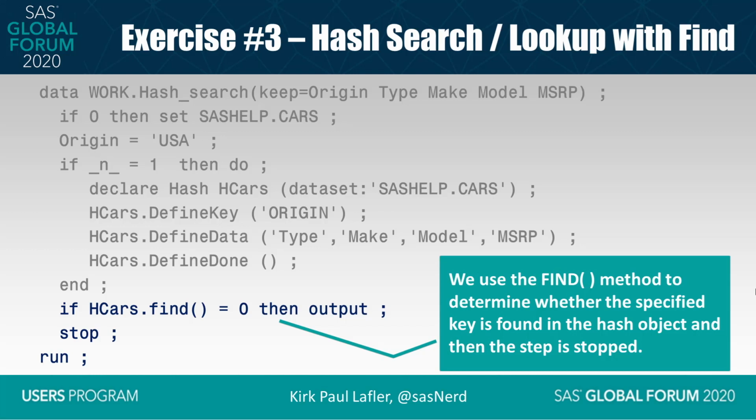The next thing we're going to do is use the find method to determine whether the specified key is found in the hash object, and then issue the stop to stop our step.